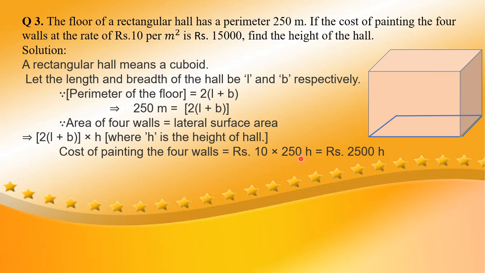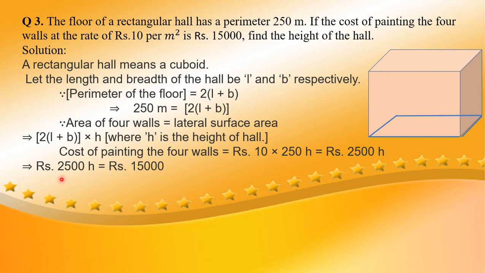So 250 into 10 multiplied by H is 2500 H. It is given that the total cost of painting is 15,000 rupees.